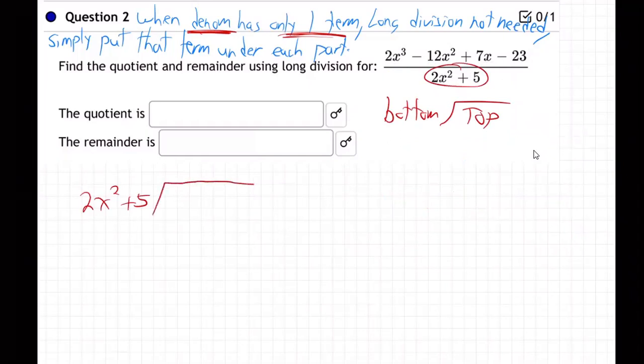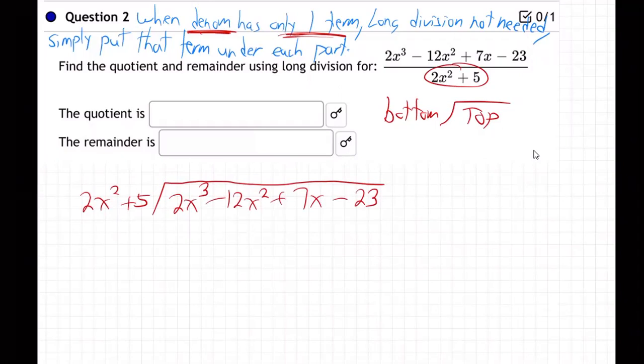We have more than one. Okay, so then put this inside: 2x cubed minus 12x squared plus 7x minus 23. Okay, so I'm going to do long division, bottom into the top, because I have to when we have more than one term in the denominator.